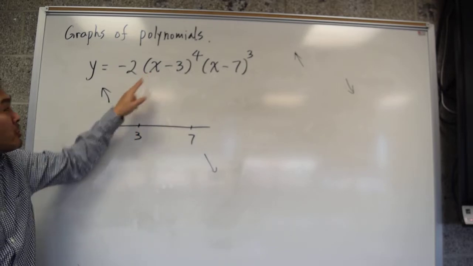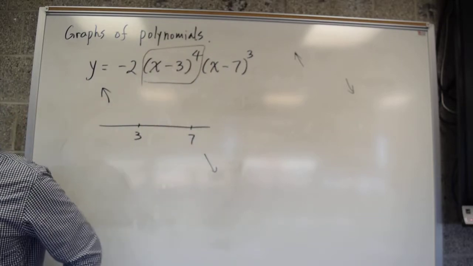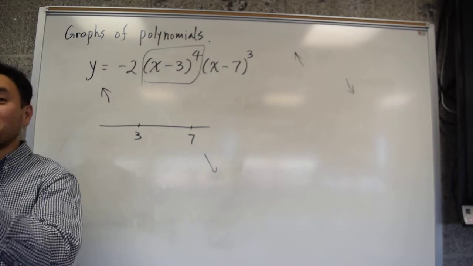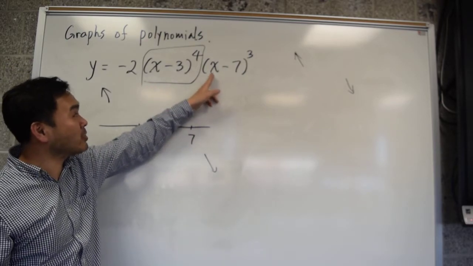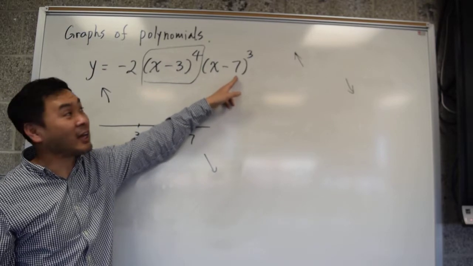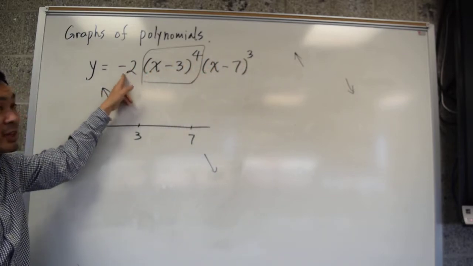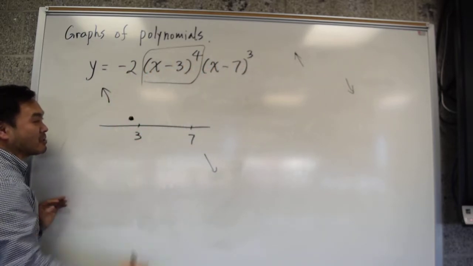If you plug in 2.9, is that positive or negative? How do you know? Because it's an even power. Any even power always gives you something positive, right? Okay, good. 2.9 minus 7 is negative, and an odd power of a negative is still negative, times a negative, so it's positive. So right before 3, it's positive.